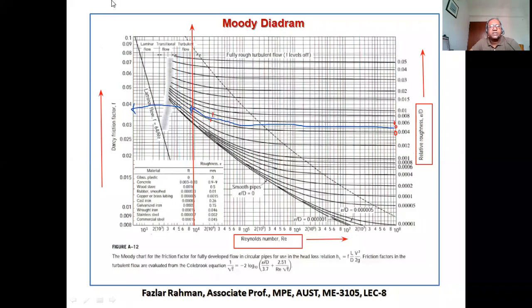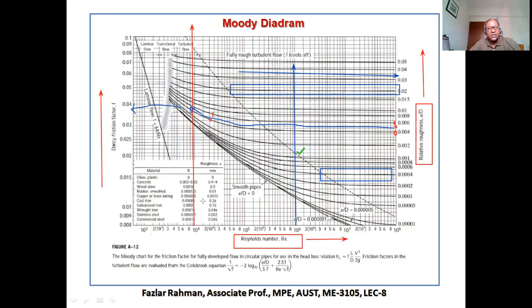But in the first situation, 10 to the power 6, you are not worried that much, because in this portion you see an almost straight line, from here to here, again from here to here. But if your Reynolds number is not in the flat portion, the straight line portion, then you have to make a line between the points.